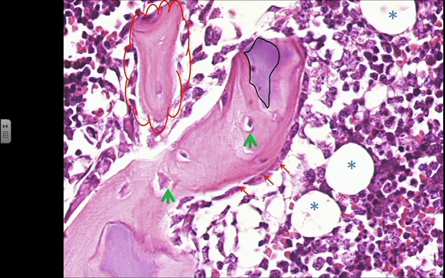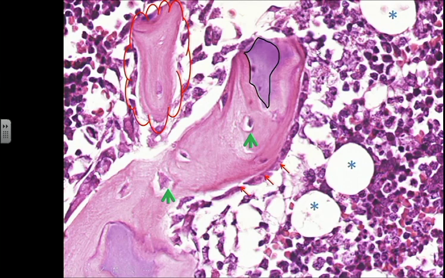An organic component predominantly formed of collagen type 1, which is why the bone matrix looks pink with the routine stains that the pathologist uses. And an inorganic component, which is mainly formed of calcium and phosphorus that crystallize to form hydroxyapatite crystals. Calcium and phosphate hydroxyapatite crystals. This is the inorganic component.